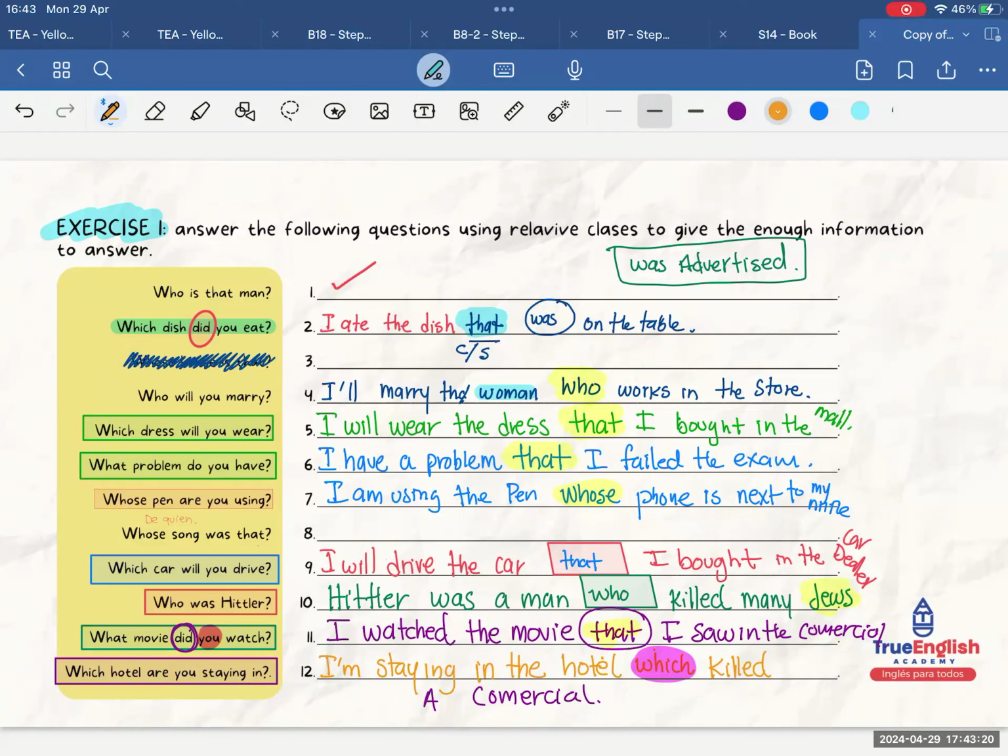I'm staying in that hotel, which we can say which Selena died. Yeah, okay, like that. Yo me estoy quedando en el hotel que, right? Que, en este caso we can use also like where, right? Donde Selena murió, for example. It's another option. All right.